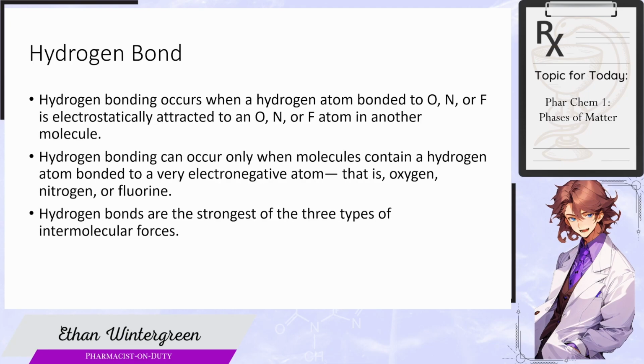Next is your hydrogen bond. Hydrogen bonds occur only with hydrogen and very electronegative elements like your oxygen, nitrogen, and fluorine. So it only occurs when molecules contain H, O, N, and F, and these are the strongest types of intermolecular forces. Why this occurs is because hydrogen, when bonded to those elements, tends to have a positive charge.